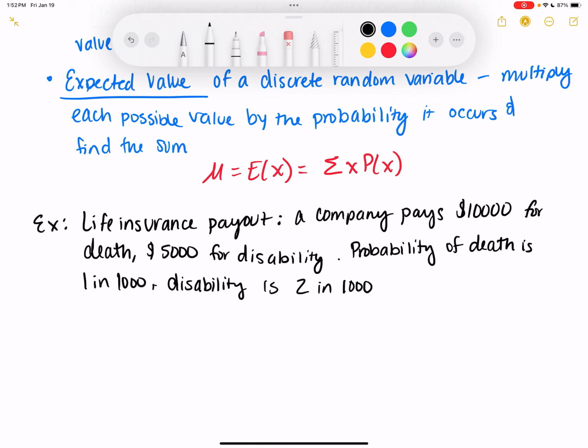And so we're going to look at a probability model. So we've got 3 columns. We're going to have an outcome, a payout, and the probability.